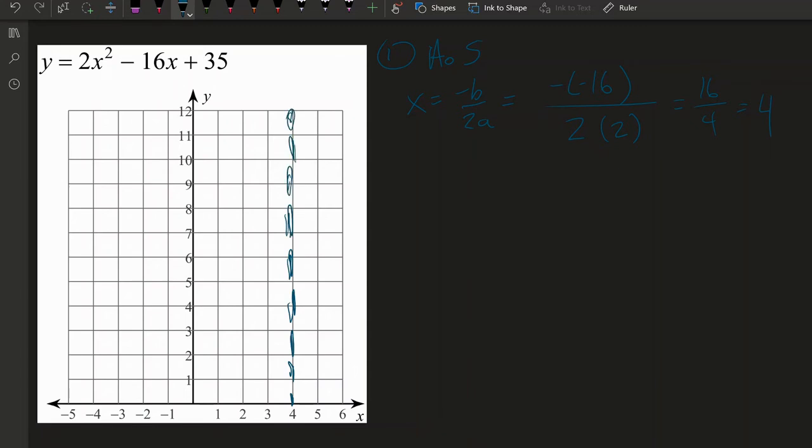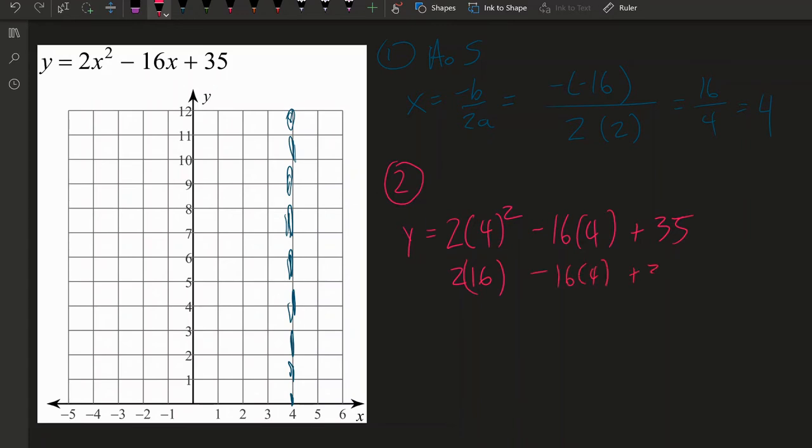Now, where on that axis of symmetry is the vertex? Step 2, I'm going to plug it in. Y equals 2 times 4 squared minus 16 times 4 plus 35. Remembering my order of operations, exponents go first, so this would be 2 times 16 minus 16 times 4 plus 35.